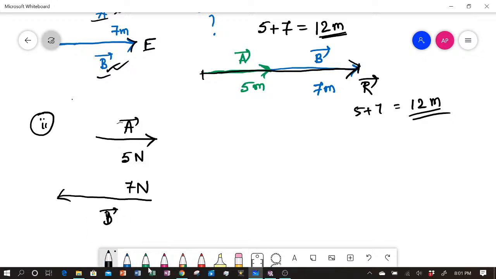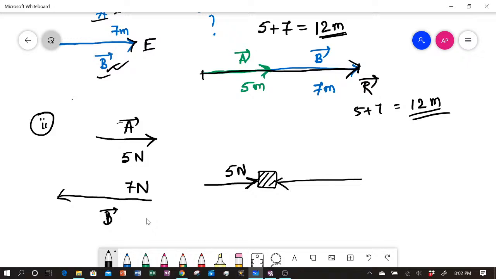So suppose we have a body and a force of 5 Newtons is acting on it along this direction, along eastward. Another vector B is acting along the west direction, westward.